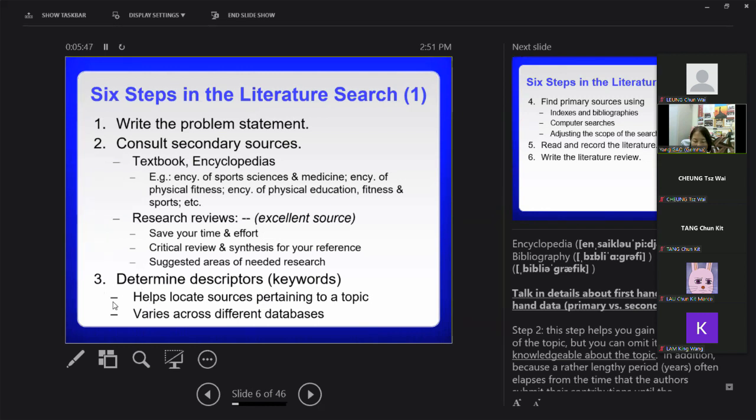And then the third step is to use the keywords to have a further search for the original studies, because the original studies contain the detailed methodology. They are very useful for you to develop your own methodology.